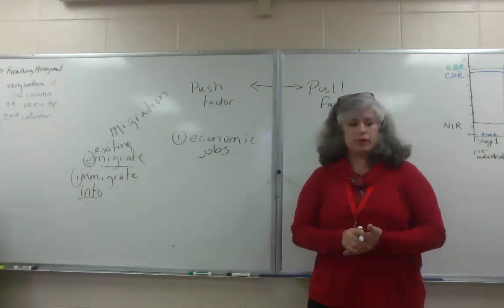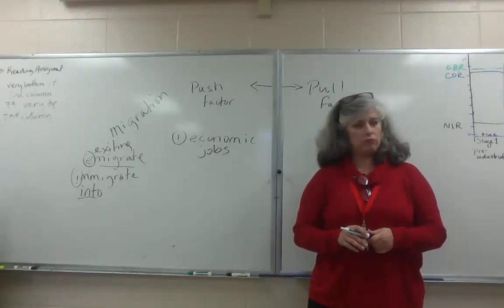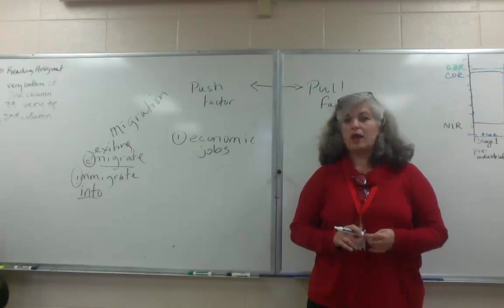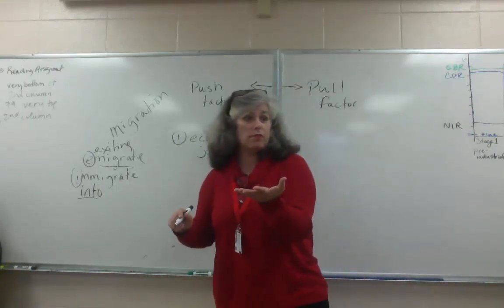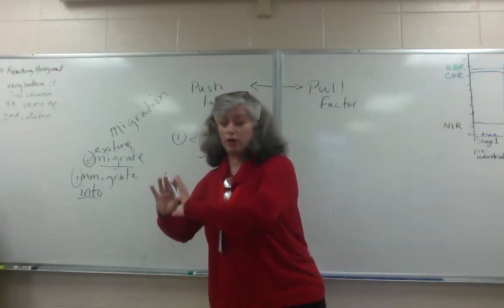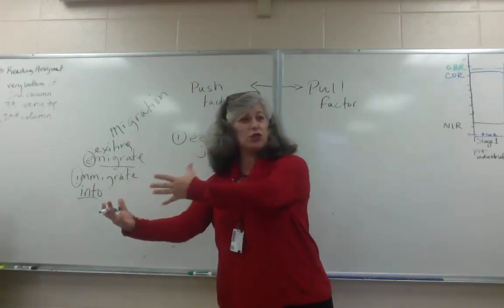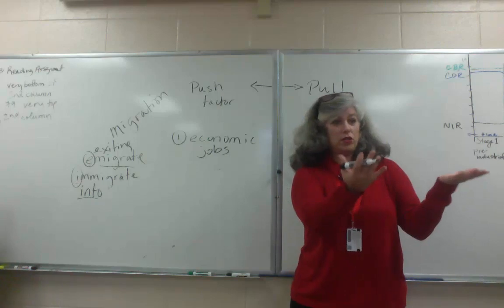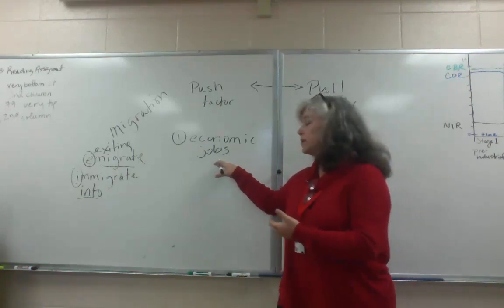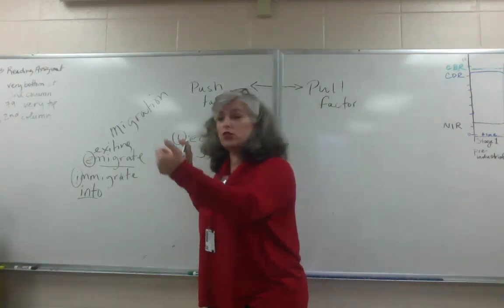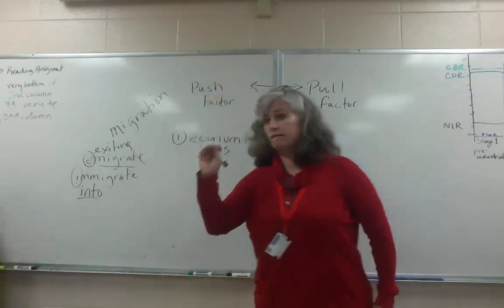What kind of jobs? Technology, building. Maybe better paying jobs. Maybe there's plenty of jobs out here in the countryside, but you don't make very much money with agriculture, and so you want to go into the urban area, for instance, where there's more jobs, better paying jobs, more opportunities for jobs.